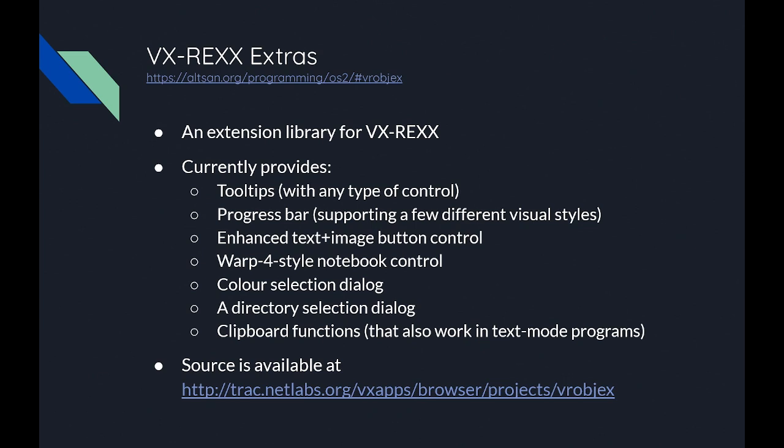So I have a function to bring up a color selection dialog, which actually uses the built-in Presentation Manager color wheel, and then a simple directory selection dialog, which I'm quite pleased with because it subclasses the file dialog, which means if you have a file dialog enhancer which has been implemented properly, it will actually use that. And I don't remember how well it works with the eco file open container, but it does work quite well with Xfile.